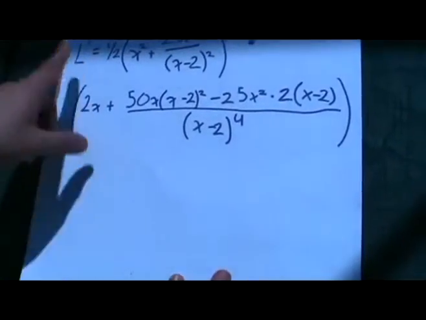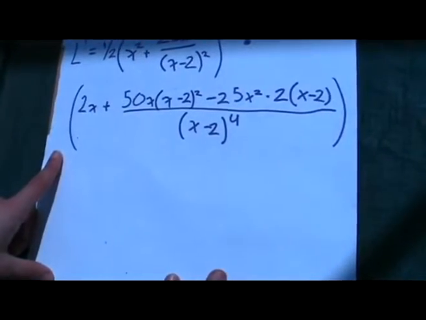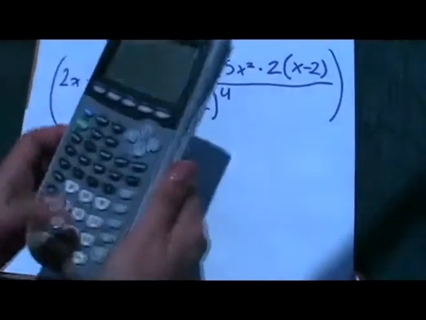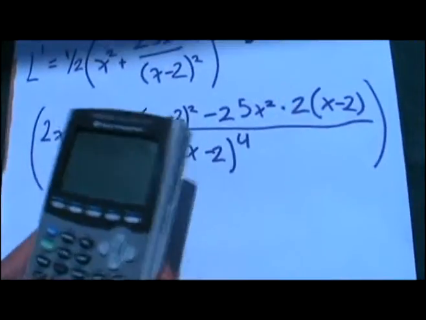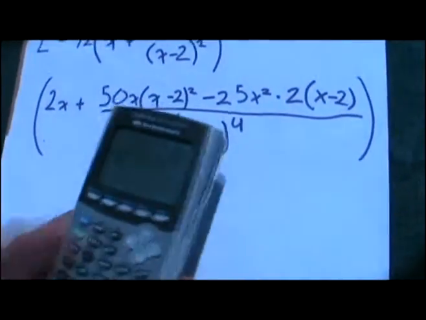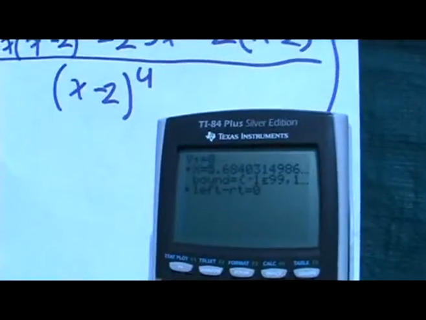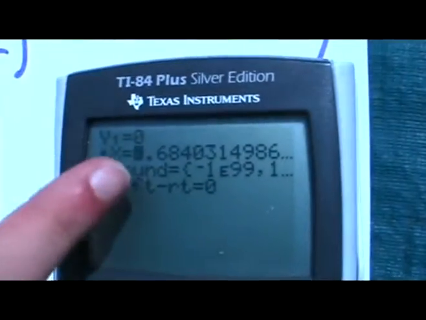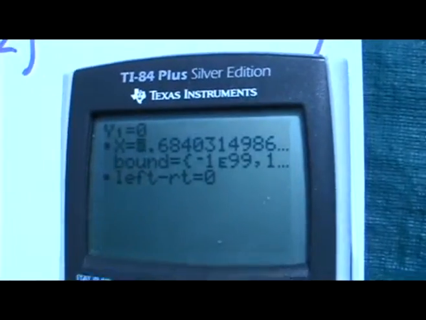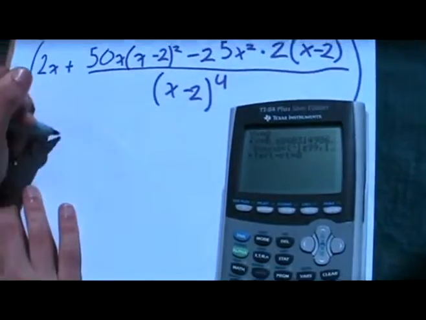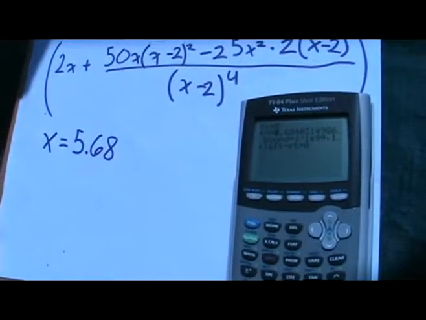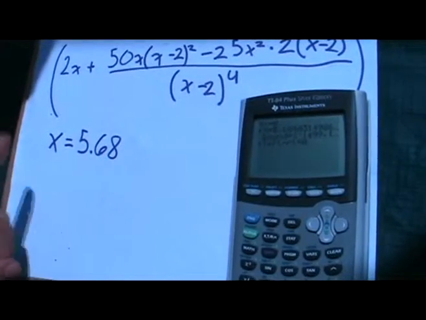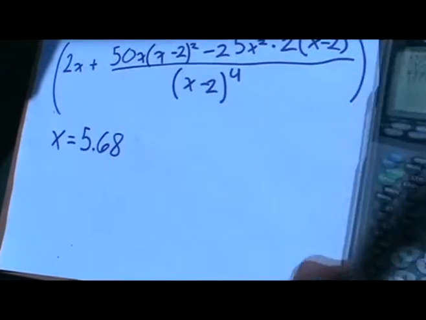Now, this is too complicated to solve by hand, so we're going to use the equation solver on our calculator. And that all comes out to x equals 5.68. That isn't the length of the ladder, that's the value of x, so we still need to do a little bit more calculating.